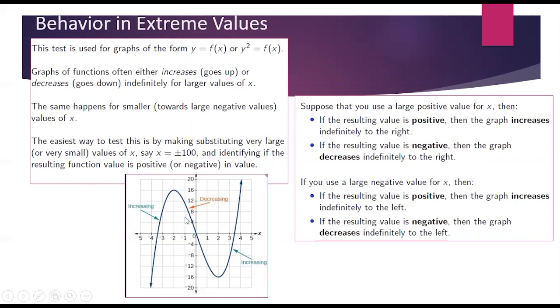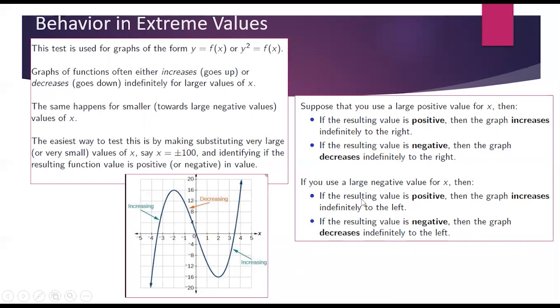So what is the meaning if we have a positive value for this function whenever you set a large positive value for x? Then the graph increases indefinitely to the right. If the resulting value is negative, then the graph decreases indefinitely to the right whenever you set a large positive value for x.